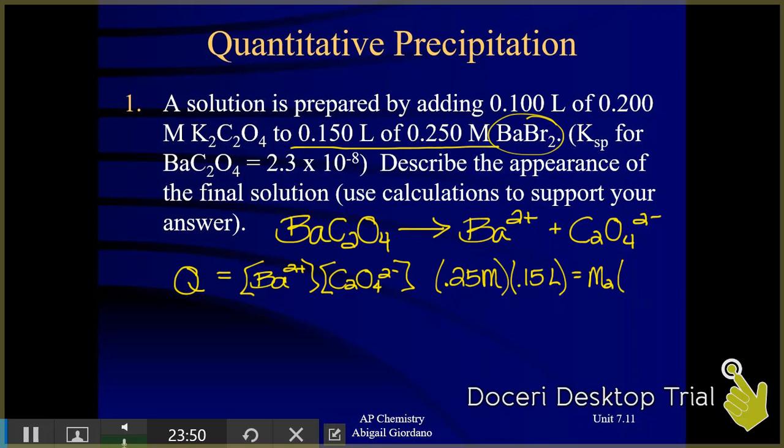What is the total new volume when everything's mixed together? That's going to be 0.25 liter. And if we do the math, 0.25 times 0.15 divided by 0.25, I'm going to get that. So we're going to put that right here.